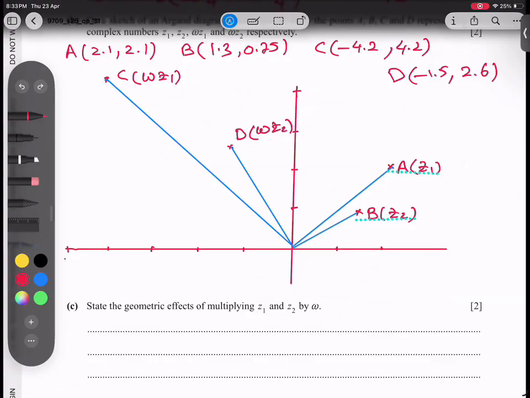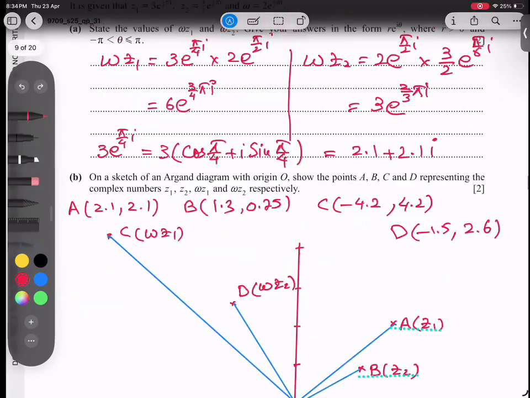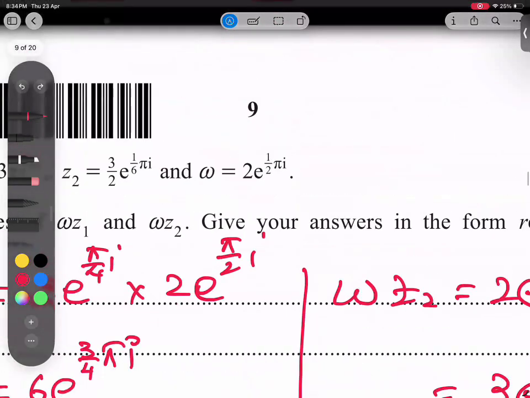If you look carefully, students, what is the angle between this and this, from A to this? First we talk about Z1. Z1 is shifting to omega Z1. What is this angle? This angle is pi by 2, anti-clockwise. How come? Check it. Even we can guess from here.